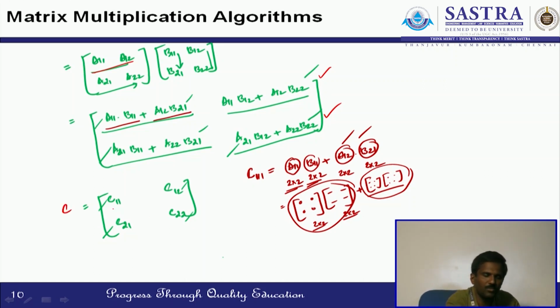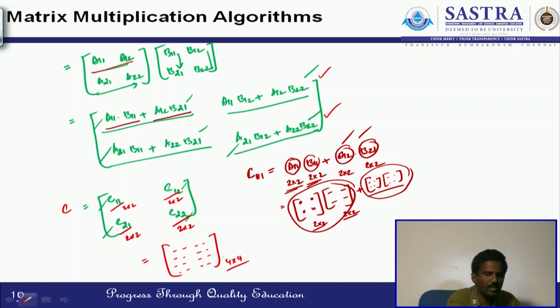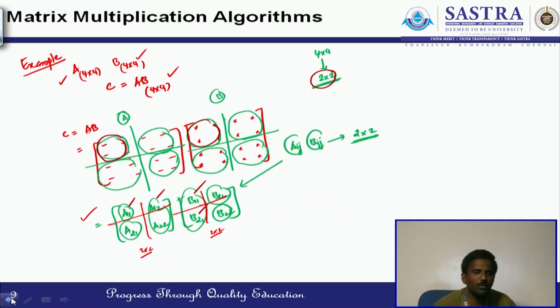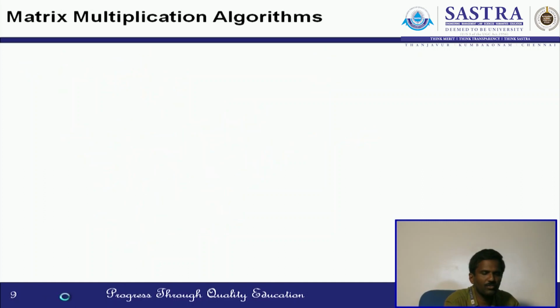So C is equal to, we will get this as a 2 by 2 matrix, here this is a 2 by 2 matrix, C21 is a 2 by 2 matrix, C22 is a 2 by 2 matrix, so that you will get the matrix of order 4 by 4. Since A and B are of order 4 by 4, the resultant matrix should take the same order 4 by 4.